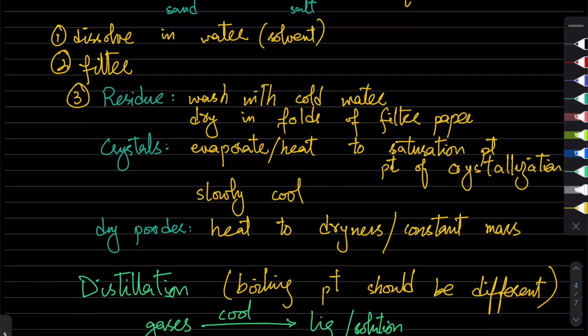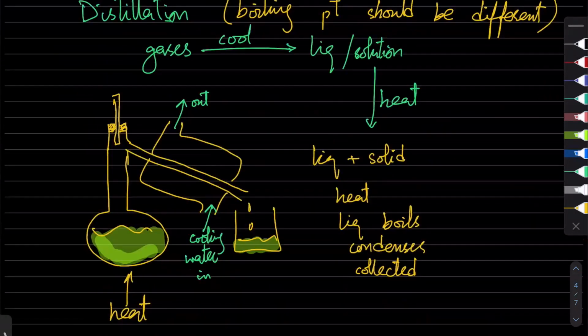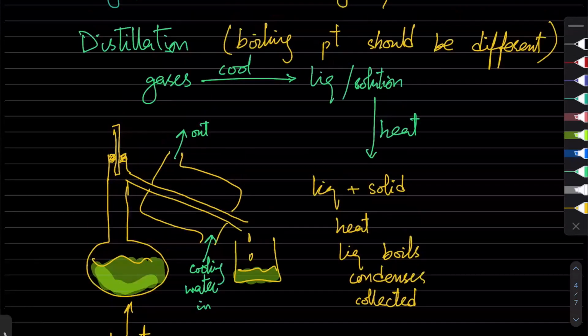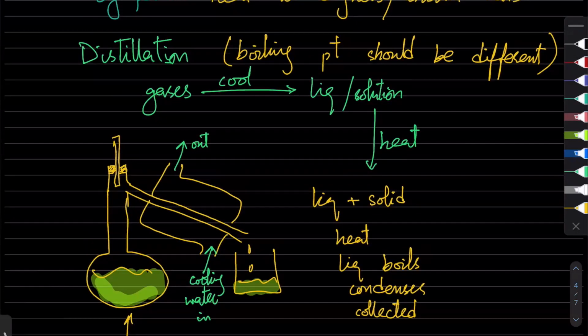Distillation, they can ask you how this works. Or why does water come out and not salt, if this is water and salt? That's because, as I said, water has a lower boiling point, and the liquid with the lower boiling point comes out first and the other doesn't.